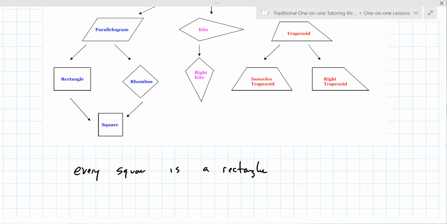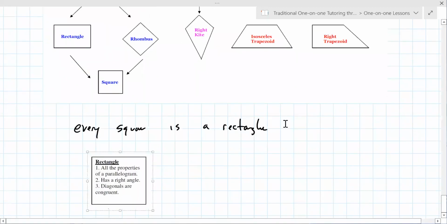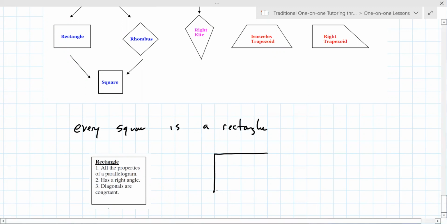Here are the properties of a rectangle. Let's look at a square.